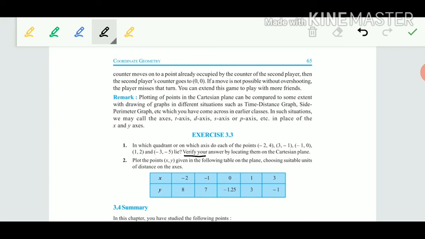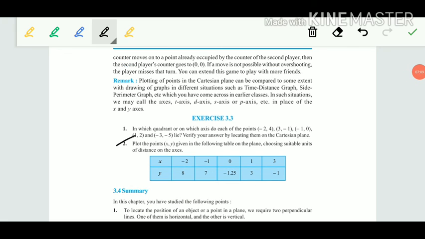Now verify your answer by locating them on the Cartesian plane. First write the quadrant or axis, then verify your answer by plotting on a Cartesian plane. So make a Cartesian plane, show these coordinates on it and check your answers.